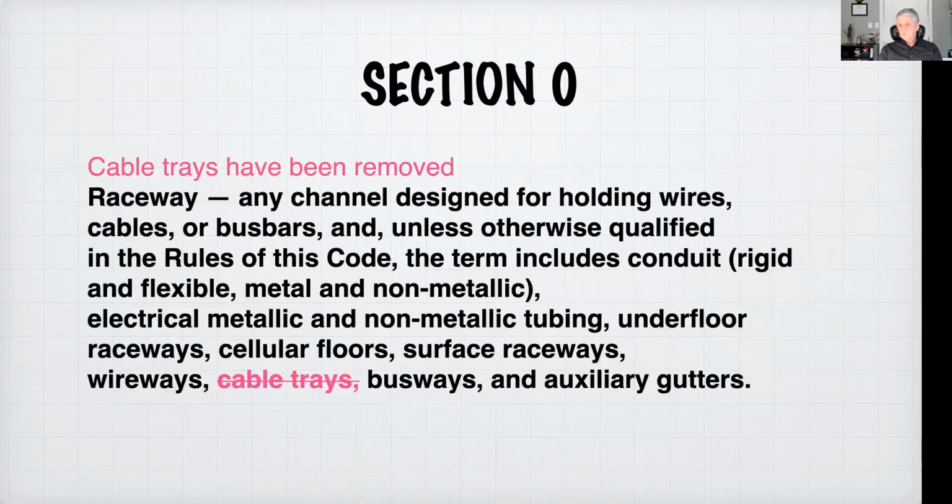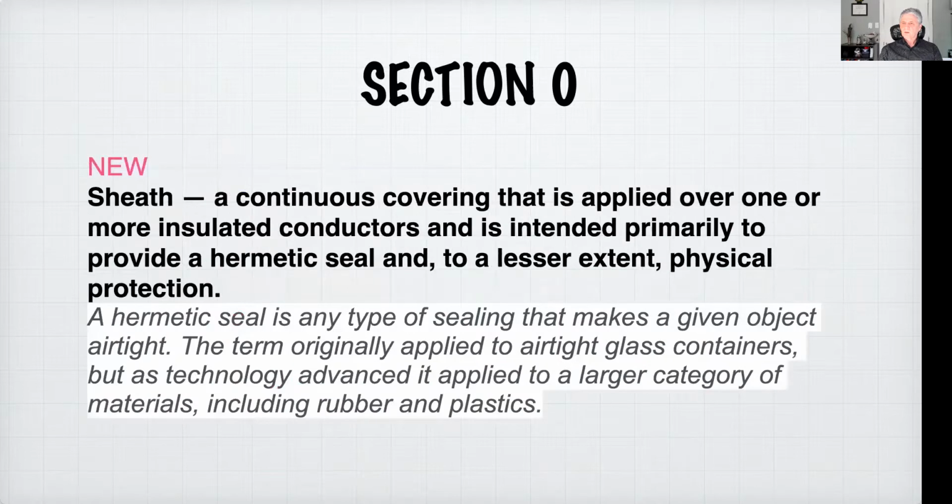Again, cable tray has been removed from raceways. Here, and I talked about the hermetic seal earlier, this is new: a sheath, a continuous covering that is applied over one or more insulated conductors and is intended primarily to provide a hermetic seal, to a lesser extent physical protection.